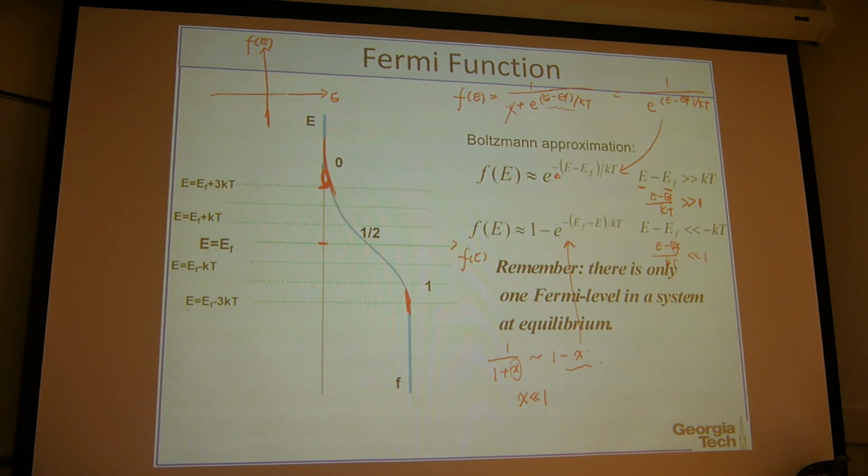Basically, it will tell you the distribution will be an exponential function like this. So this is the Boltzmann distribution. But the Fermi function will give you something that is capped at 1, the probability. This is 1, and this is half. This is Fermi. This is Boltzmann.